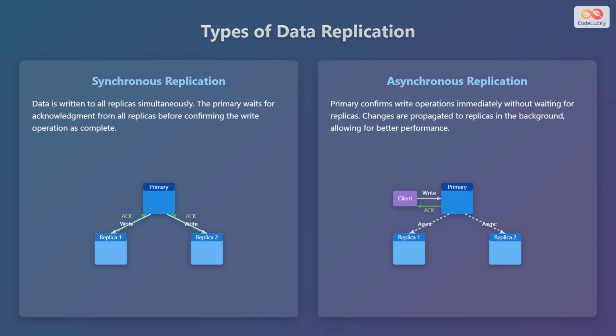Asynchronous replication, on the other hand, allows the primary database to confirm write operations immediately without waiting for replicas. Changes are propagated to replicas in the background, offering better performance but potentially leading to temporary inconsistencies. Each method offers a trade-off between consistency and performance, and the choice depends on the specific requirements of the application.